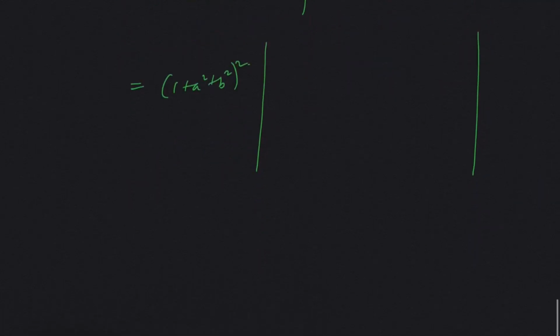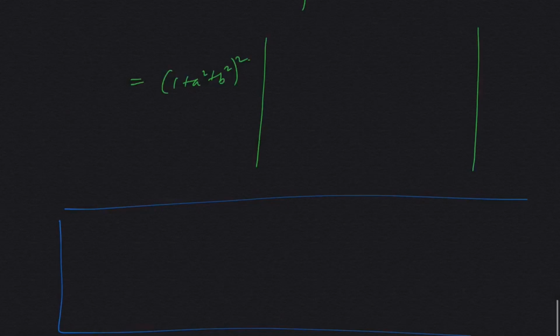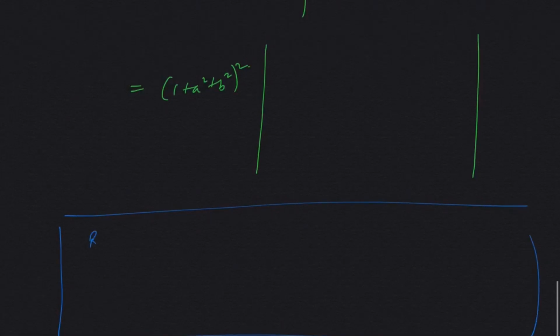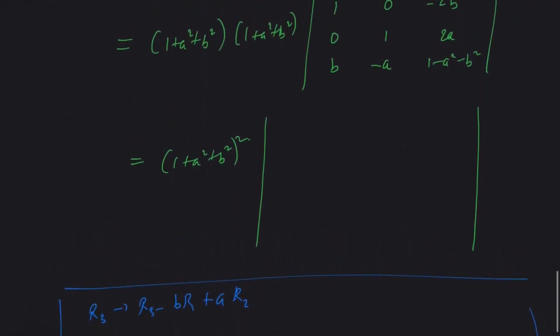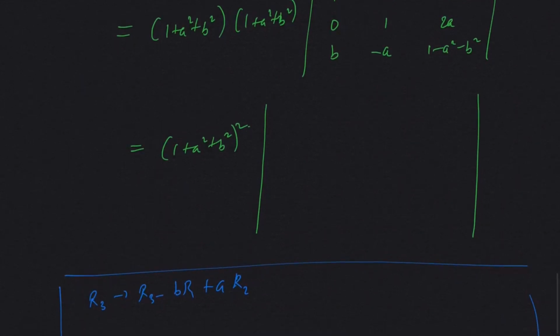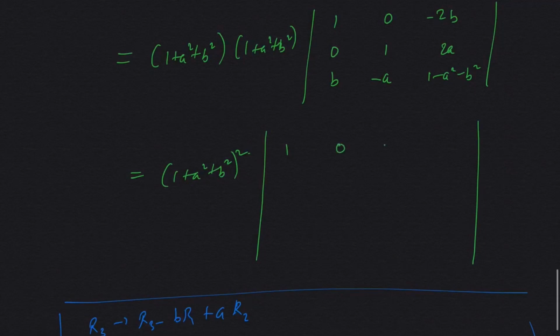Okay, so here I'll do the rough. So r3, I will apply r3 minus b times of r1. There are many other ways in which we can do this also. Okay, I'm just trying one. So that means r1 and r2 I will let it be as it is. So r1 and r2 no changes. 1 0 minus 2b, 0 1 2a. I want to reduce this.